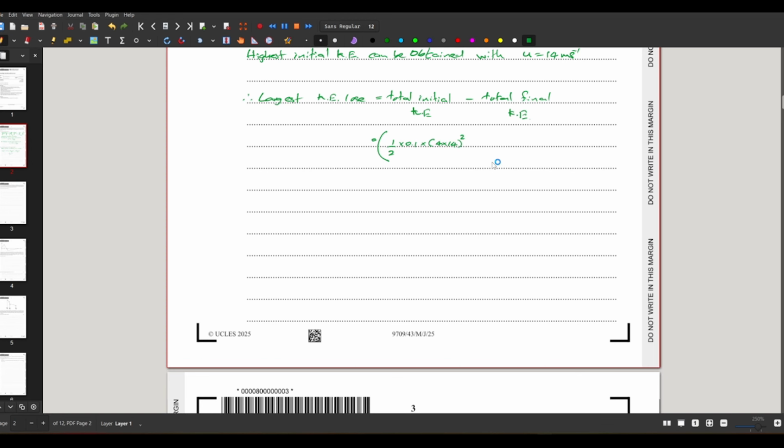Then minus after collision, velocity of P is 2, so 2 squared, plus for particle Q, it's 0.3 times the velocity was 4, so you should take 4 squared.